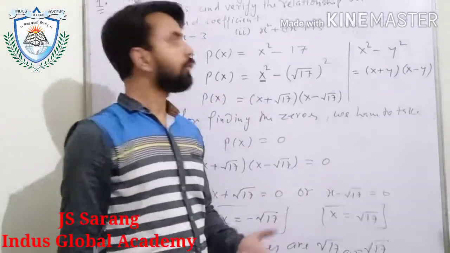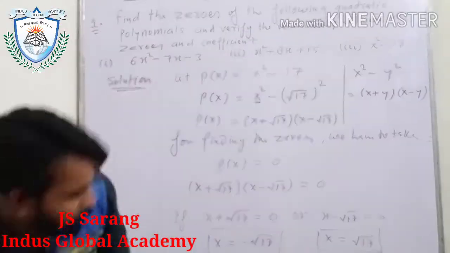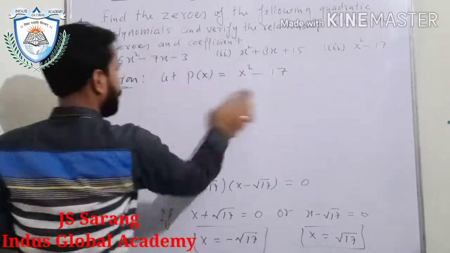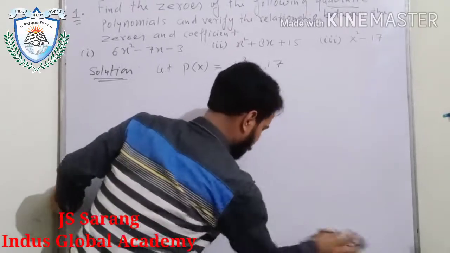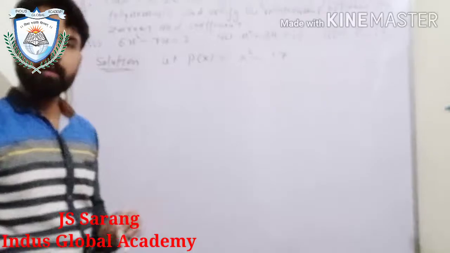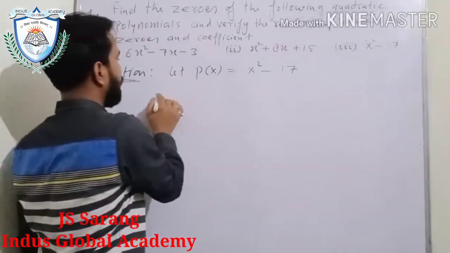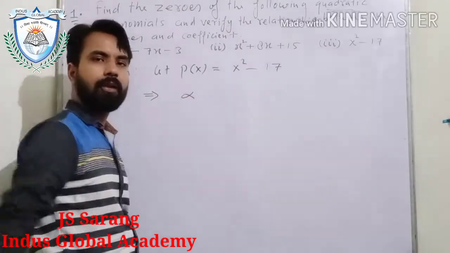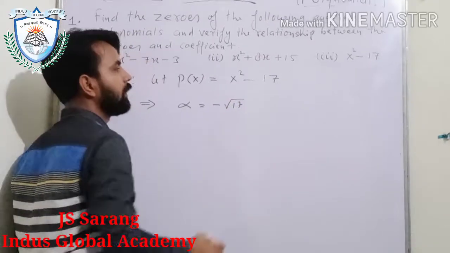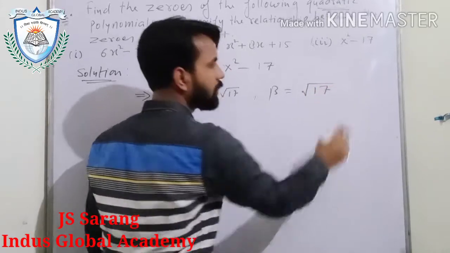Now we have to verify the relationship between the zeros and the coefficients. The two zeros of this polynomial are minus root 17 and positive root 17, so the first zero is alpha, minus under root 17, and the second zero is beta, under root 17.